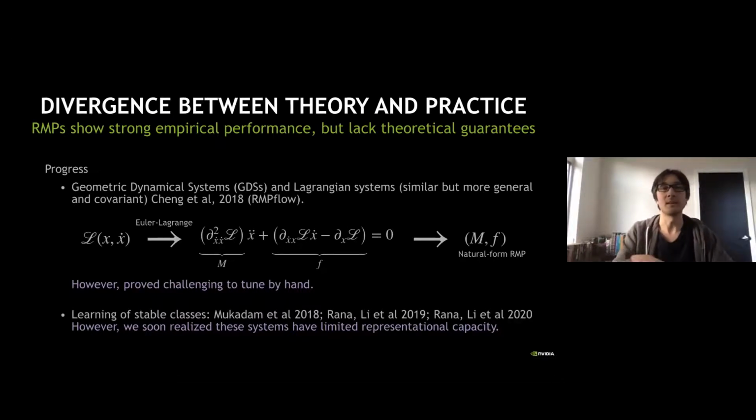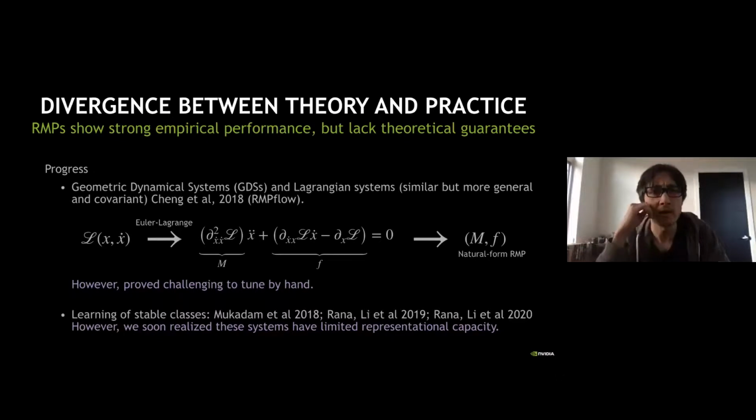But there's a gap between the empirical performance that we're seeing and both an explanation for that and a version of it that has some theoretical guarantees, like stability guarantees or guarantees of how different parts of the difference equations combine together while minimally affecting each other.